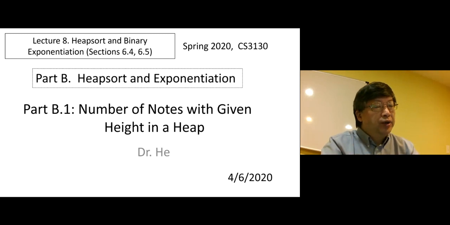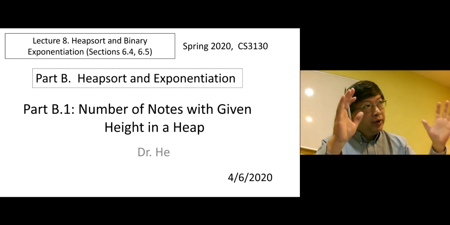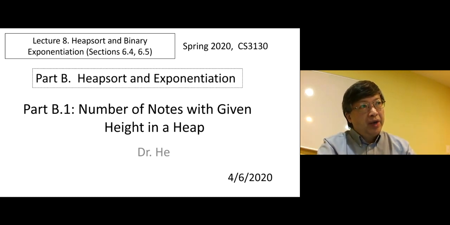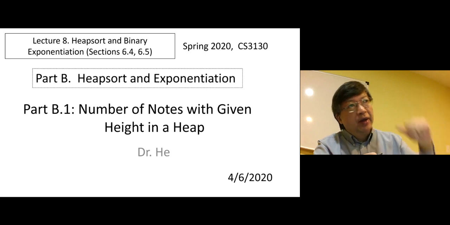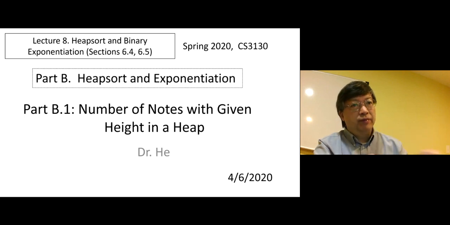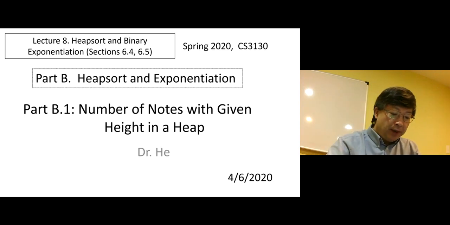So in this part, we need to do some preparation, mainly for the analysis part. Later, when we try to calculate the cost function for the efficiency, we need to use the result from this part.